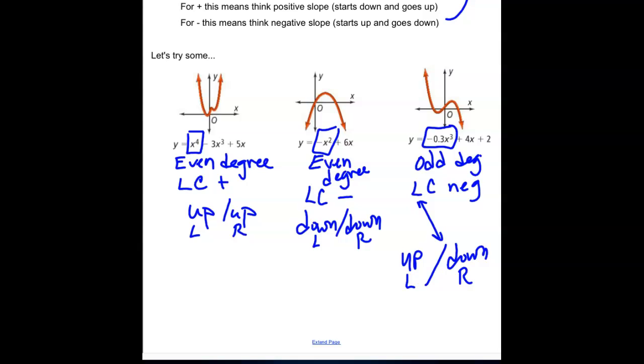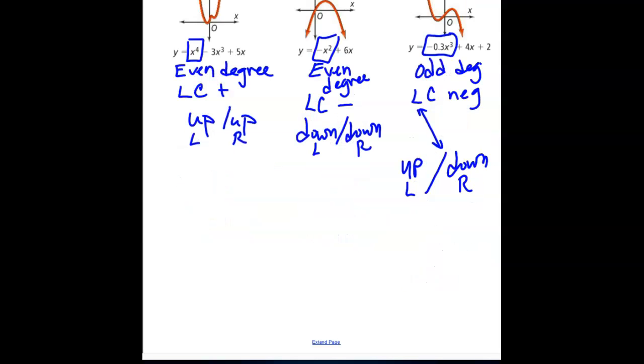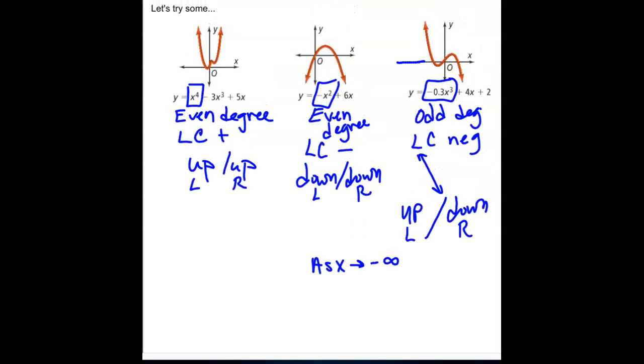Now, as you go on in math classes, as you continue on next year, you will see other ways of describing end behavior. Sometimes they describe it as a limit. So, for example, for this last one, we could say as x approaches negative infinity, as we move far to the left on the x-axis, going this way towards negative infinity, my y values are going up.